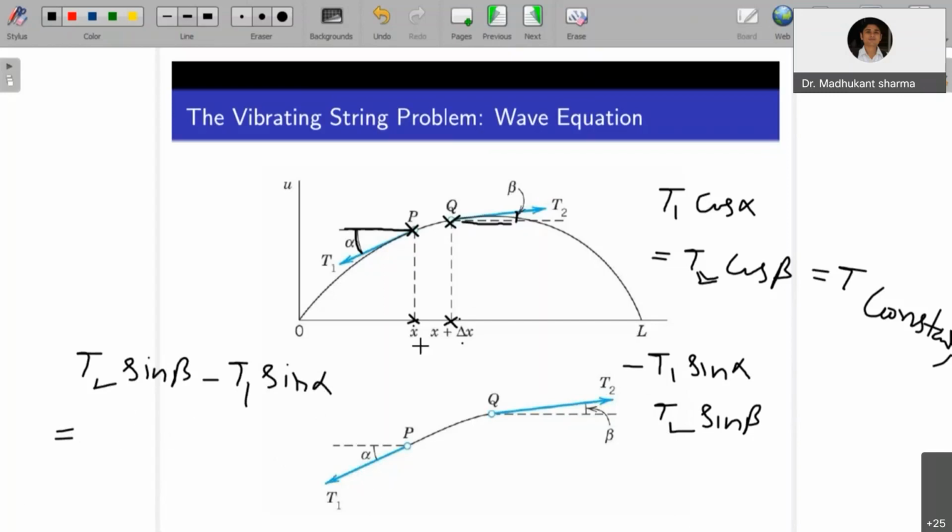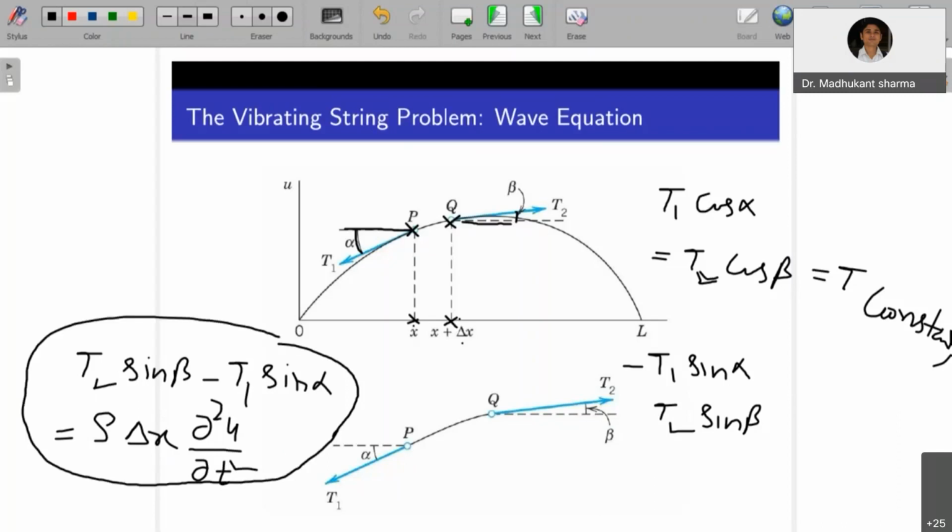The mass of this interval is rho times delta x, and the acceleration is ∂²u/∂t². So you will obtain this by using Newton's second law. Now further mathematics will be done here.